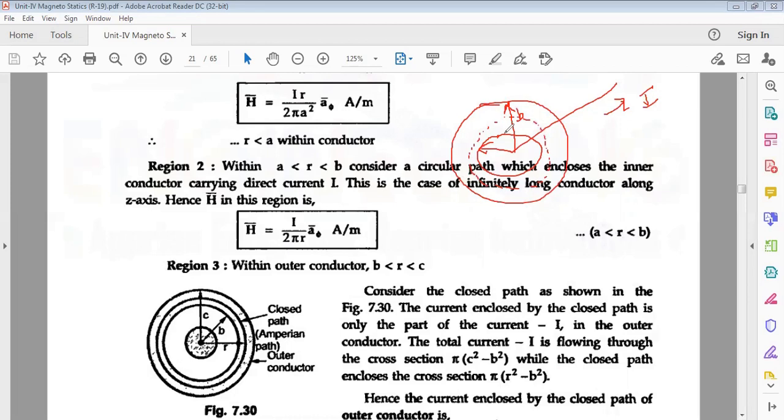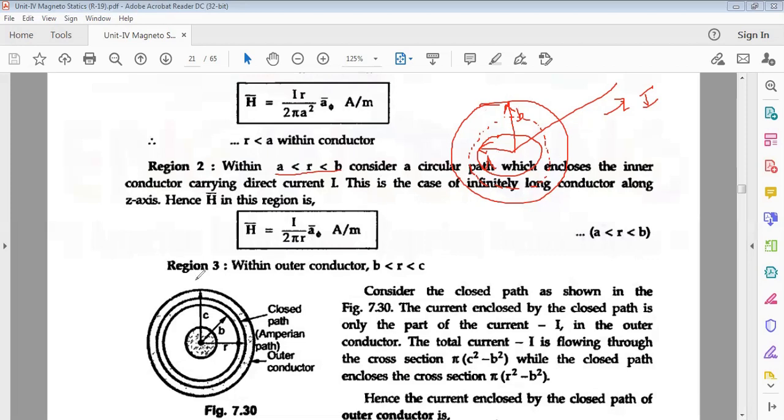So the enclosed current is directly I, and H is I by 2 pi r only. It is not I dash whenever it is in between b and a.